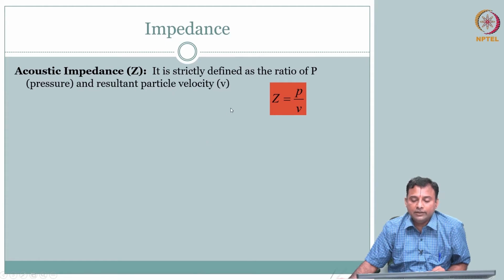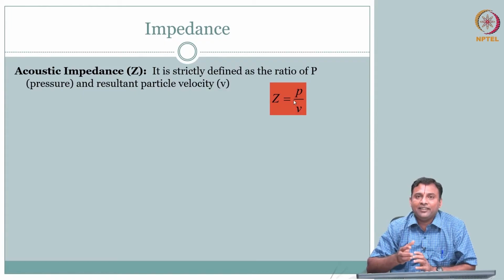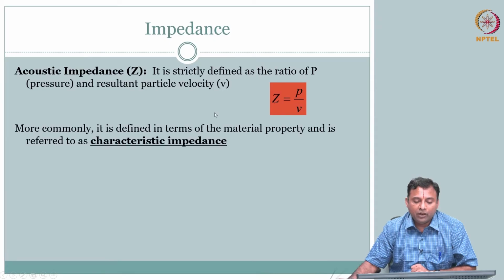Why? Because you can get a feel for it. You can already sense that each material may behave differently. So, your Z in some sense is related to the inherent material property. But we already talked about material property, we already used some other terms as well.